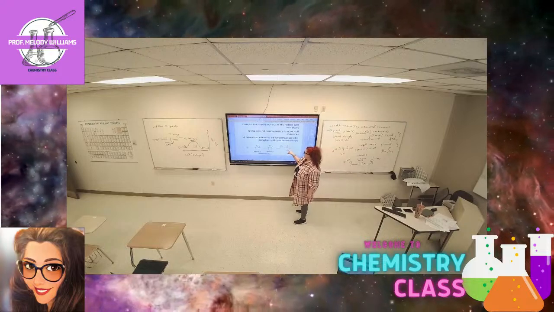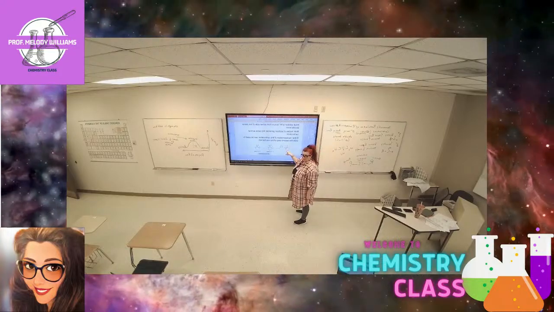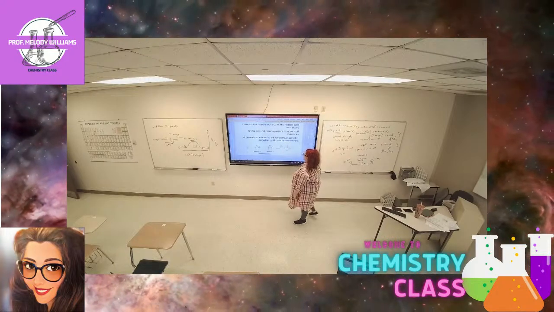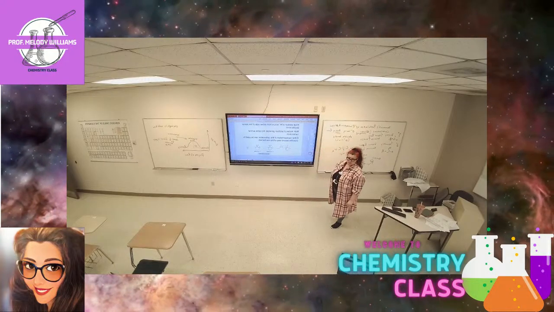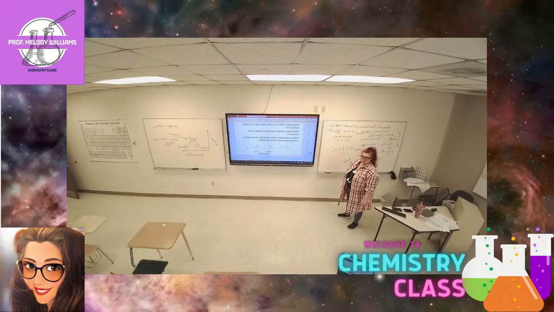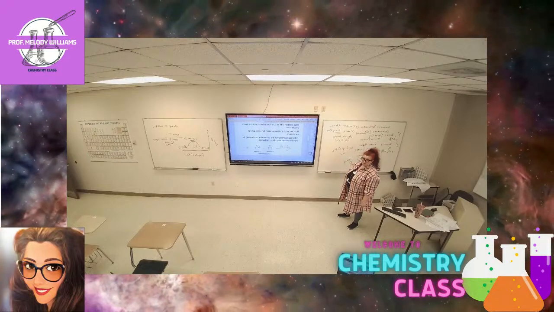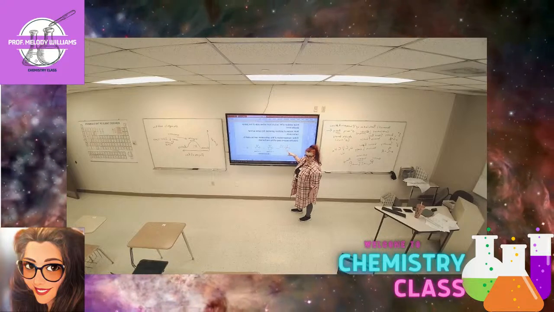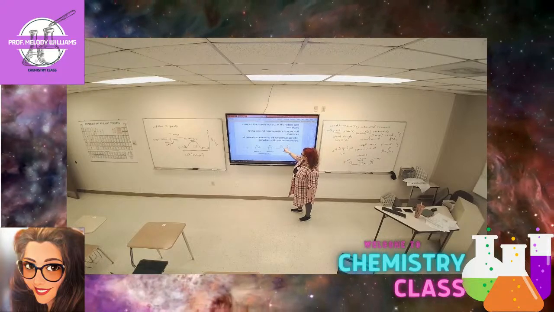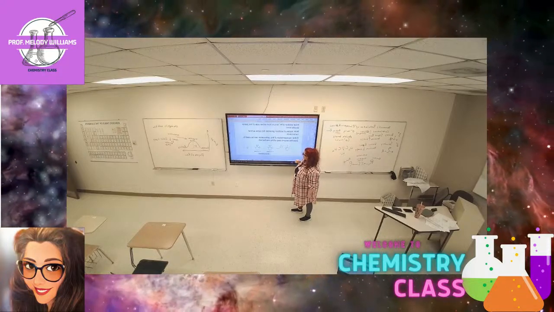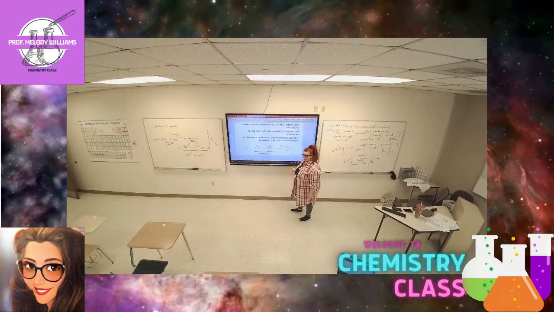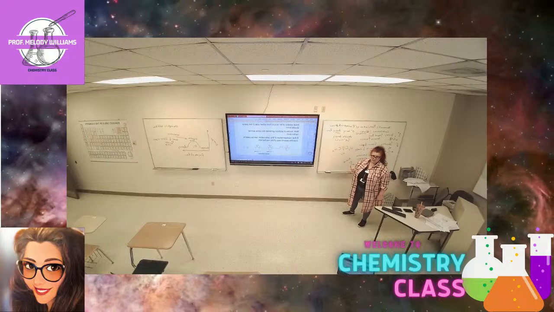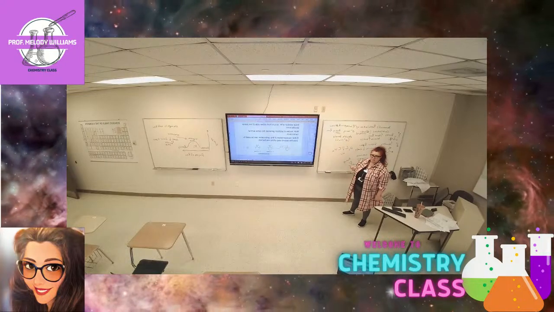So we've got an electron-rich area in this double bond. Is this hydrogen going to be more positive or more negative? More positive. So this electron-rich area is attracted to this more positive hydrogen. Now, since this is a strong acid, what do strong acids do? Do they stay together or do they come completely apart?